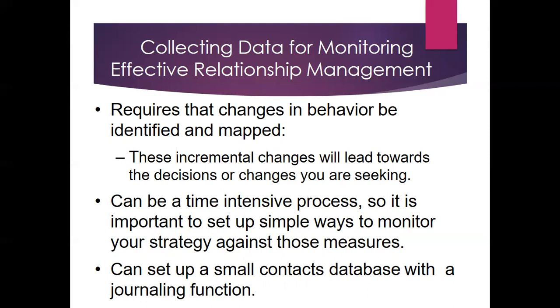So remember, you have outcomes. You want to see better policies and improved impacts on the environment. So this can be a time-intensive process, so it is important to set up simple ways to monitor your strategy against those measures. Again, I refer you back to the table that looks specifically at this, where you see some examples of what you can measure.